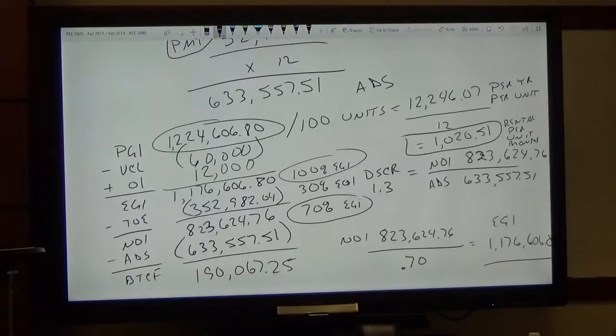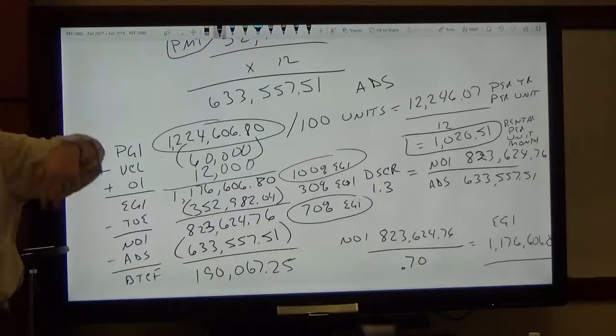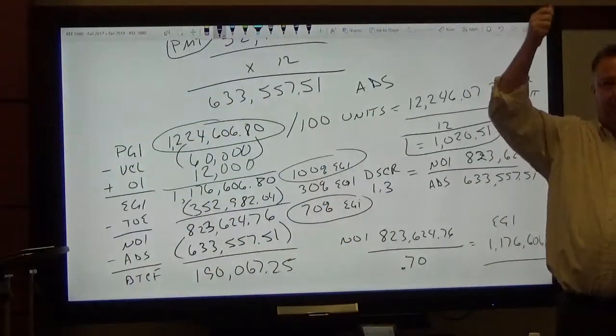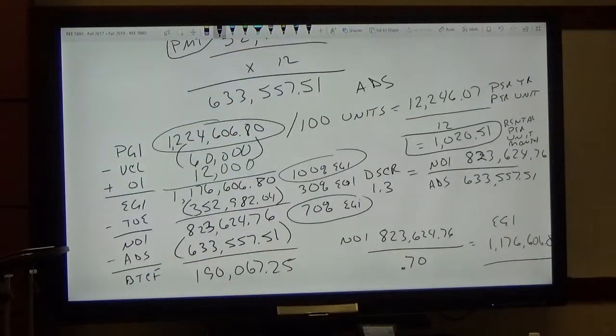Does that make sense? That's why I'm saying we work it one way, then we work it from the bottom up. So top down and bottom up, or front door, back door, whichever way you want to think of it. Does that make sense, everybody?